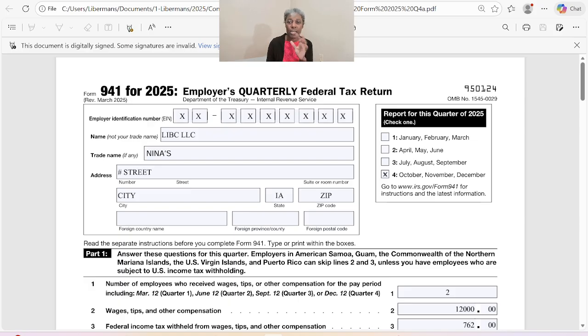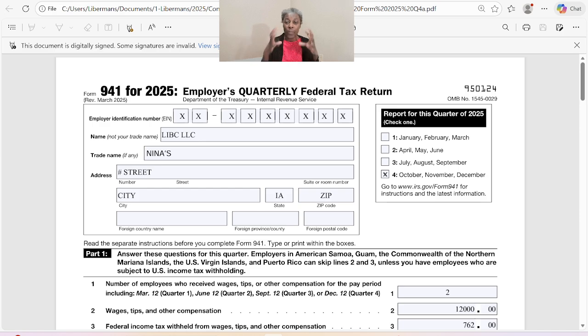So this form is for quarter 4, and if that is your first time completing it for your business, it is still for quarter 4. So we are going to check quarter 4, which is the October, November, December months.